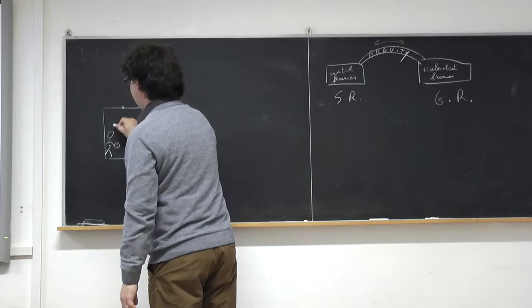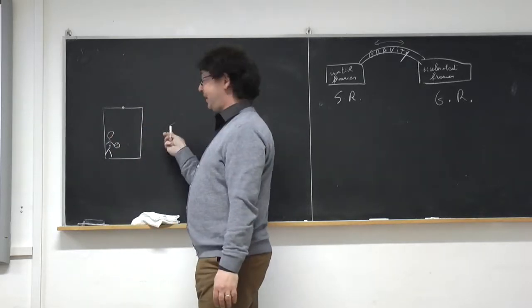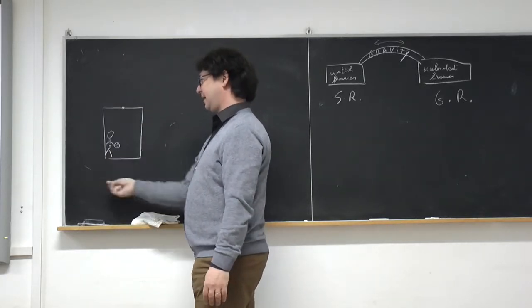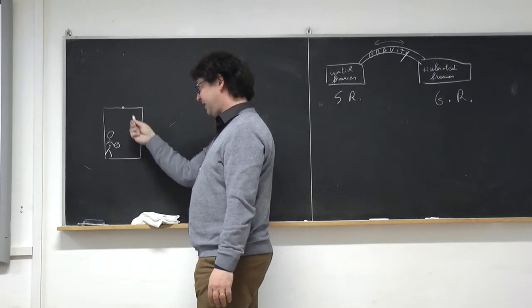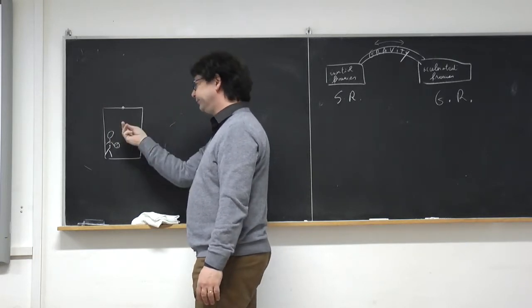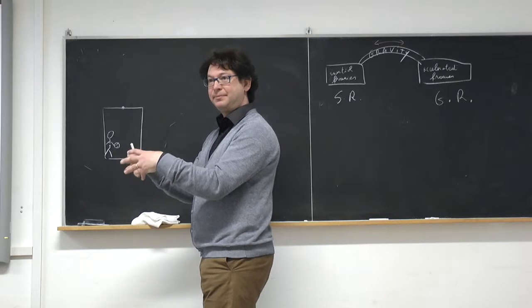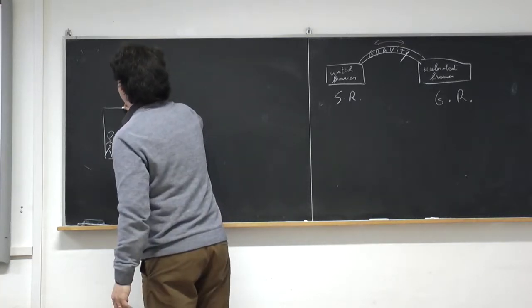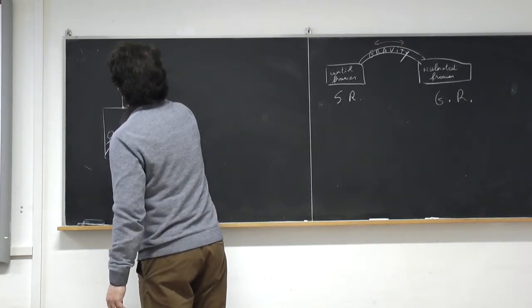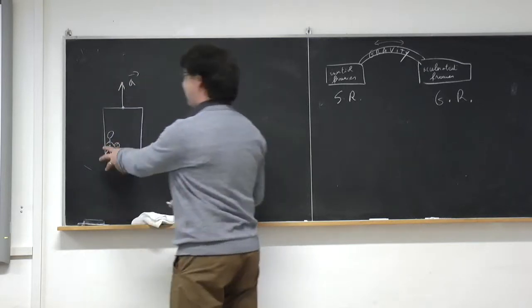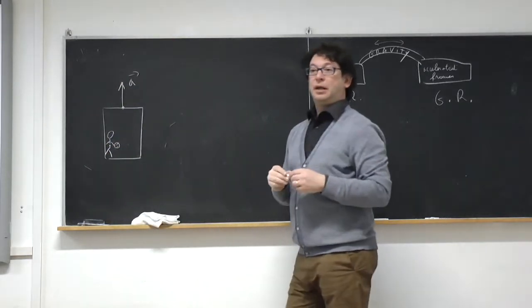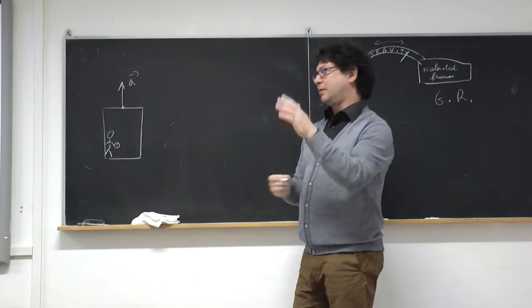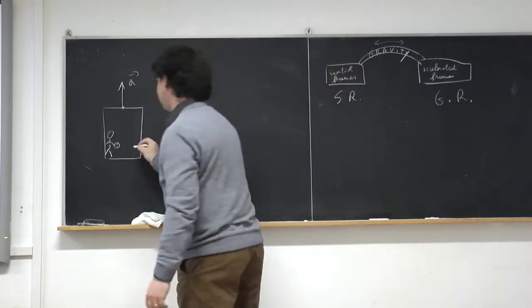And he cannot observe anything from the outside. He only observes systems within the frame. And he doesn't know that someone is accelerating a given direction, towards the upward direction.